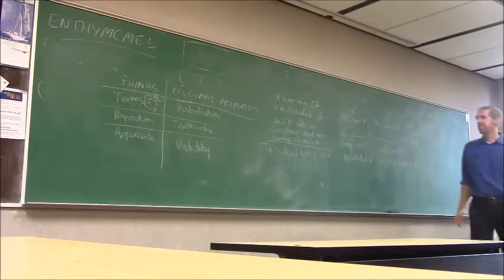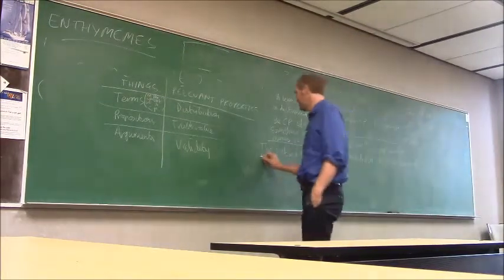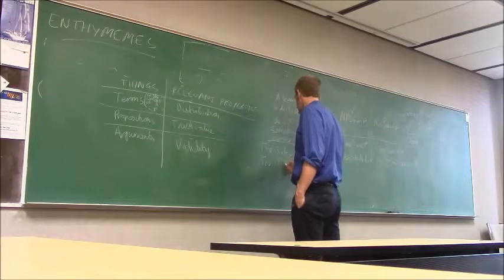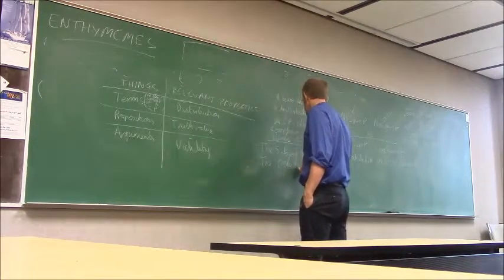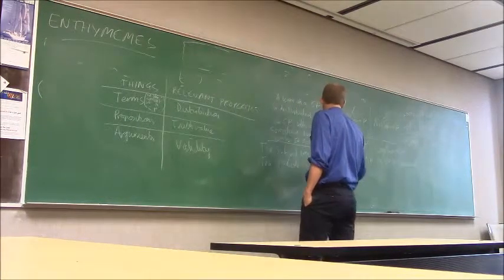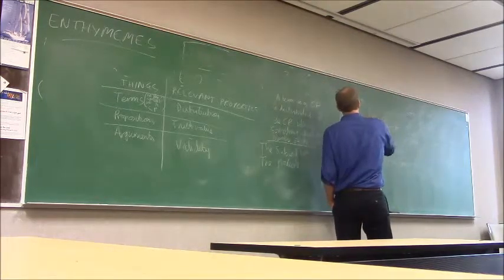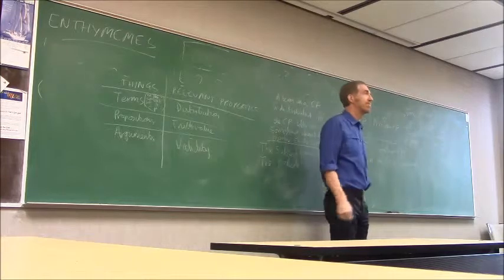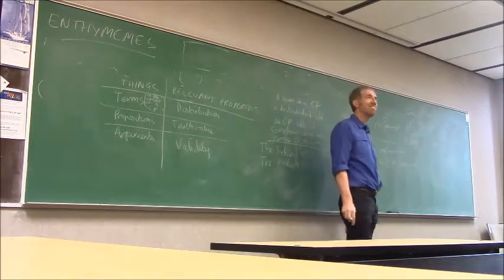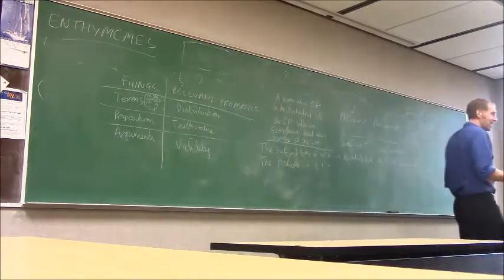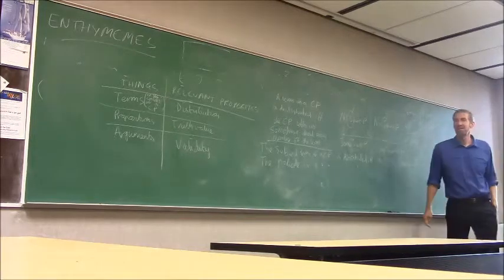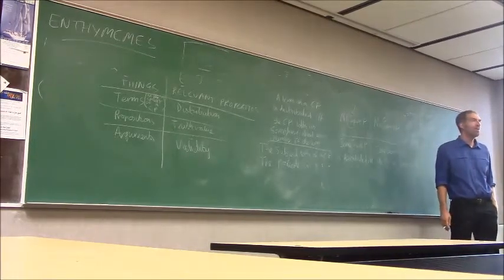Now, let's see if we can come up with a rule for the predicate term. All right. All whales are mammals. If there's one thing you learn in this class, it will be that. All whales are mammals. Do you now know something about every mammal?